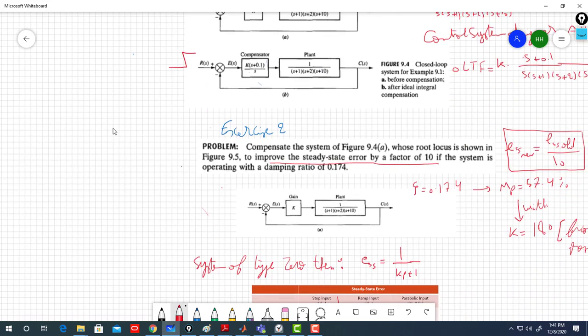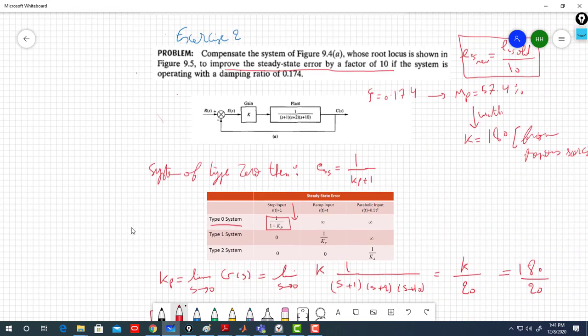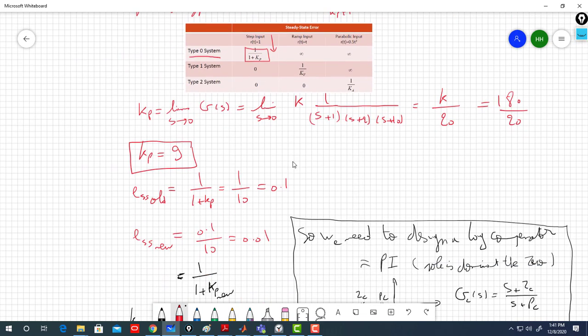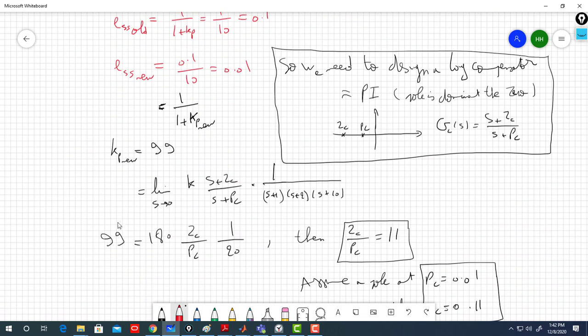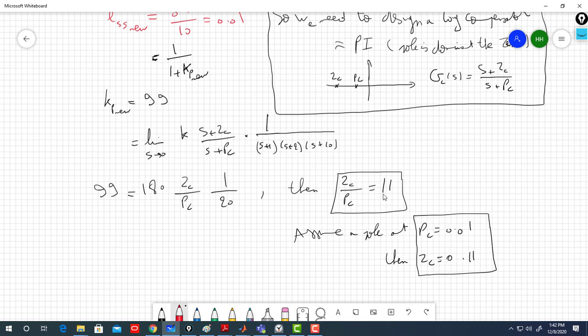Okay, so here I was doing it for you. Kp new was, according to this formula, 99. So then with 99 I can find ZC over PC.